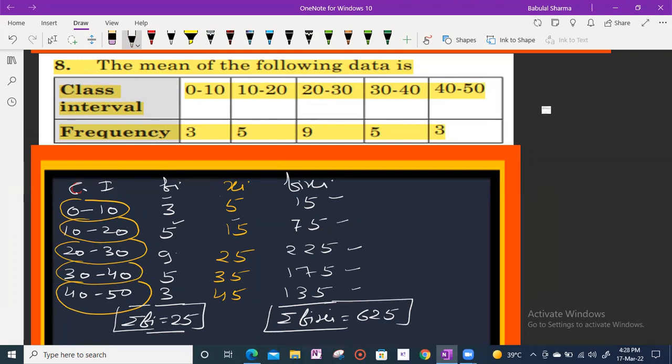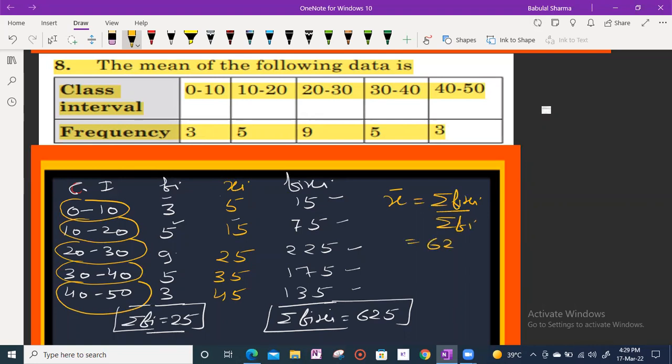Then, after getting the sum of all fx and the sum of all frequencies, that is the sum of all f, the mean is given by, this is the symbol of the mean, f into x divided by all f.